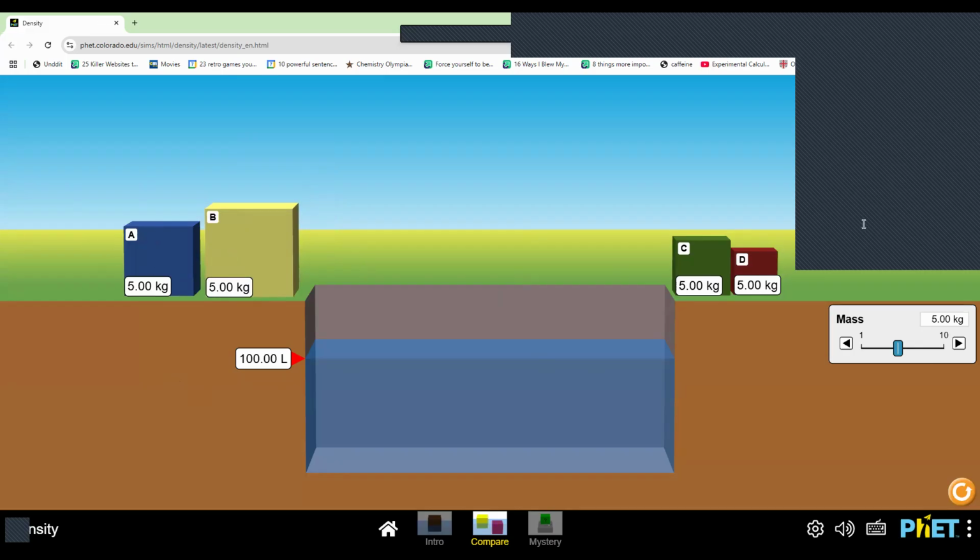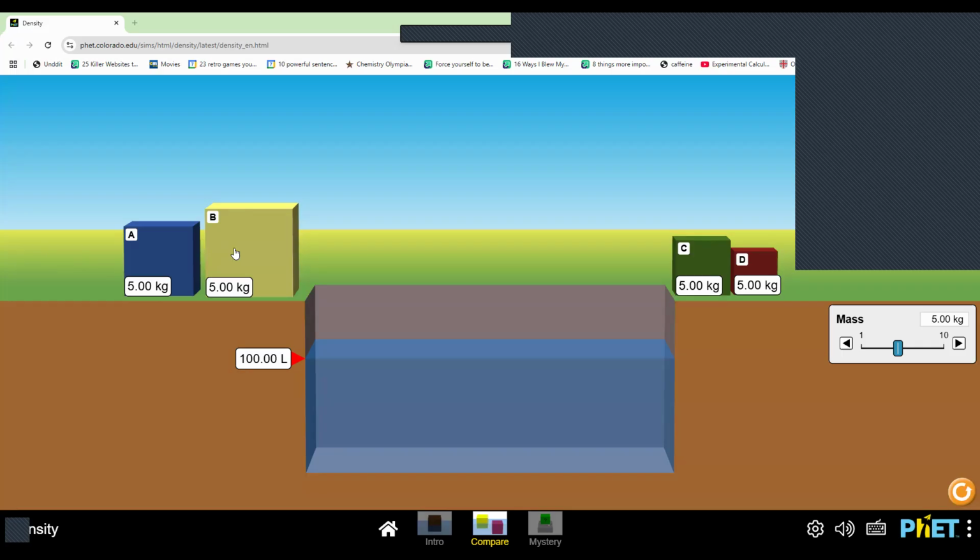Does it look like answer A, they all probably have the same densities, or B, they have different densities? Your assessment is based on, well, I can see these objects. A is that they have different densities, B is that they're all the same. And we're inspecting them.